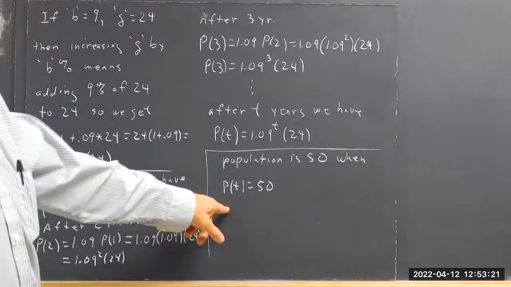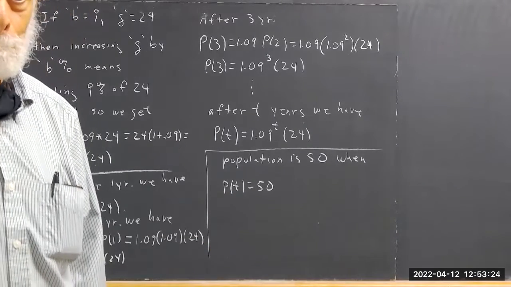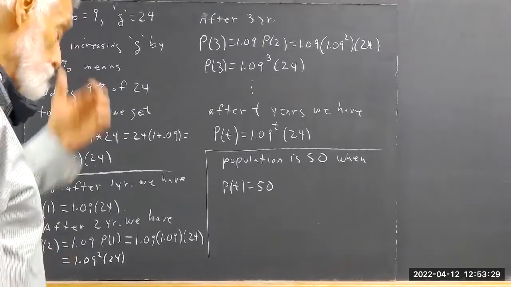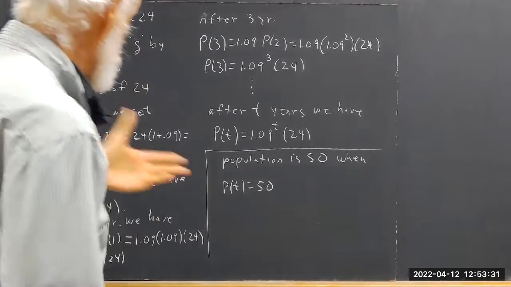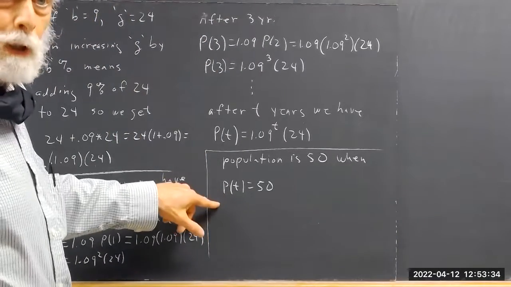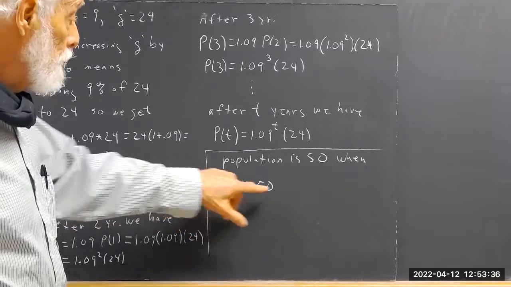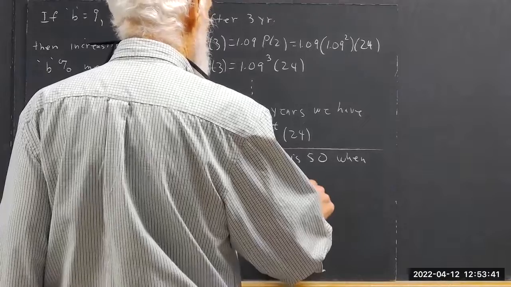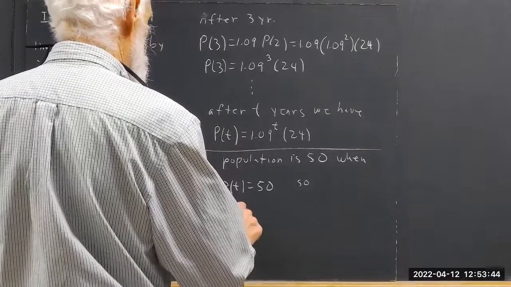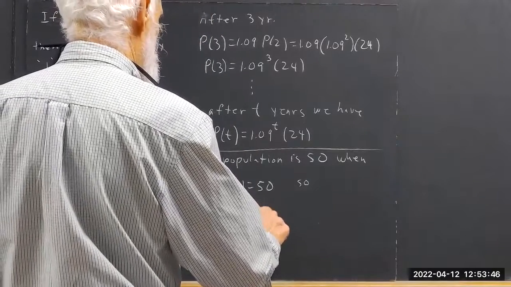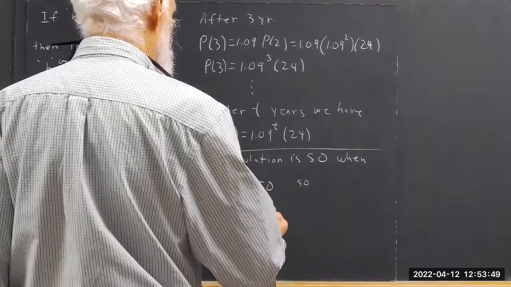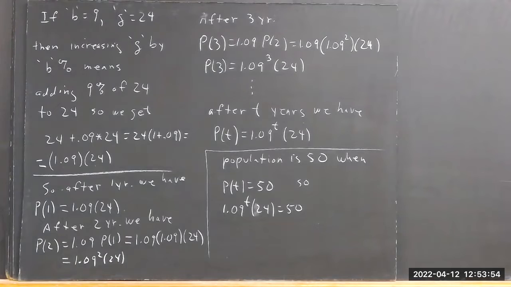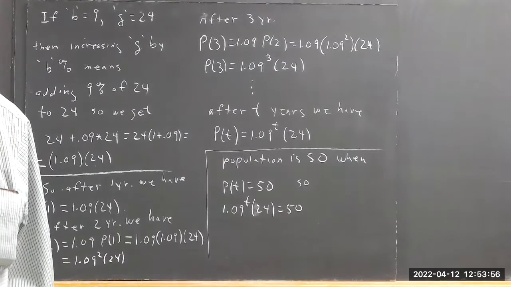P of t is 50 because P of t is your population function, right? And a lot of you wrote that down, okay? At least some of you. Some of you wrote something else down, and that's okay. Okay? But P of t is 50 and P of t is 1.09 to the t times 24 equals 50, right?